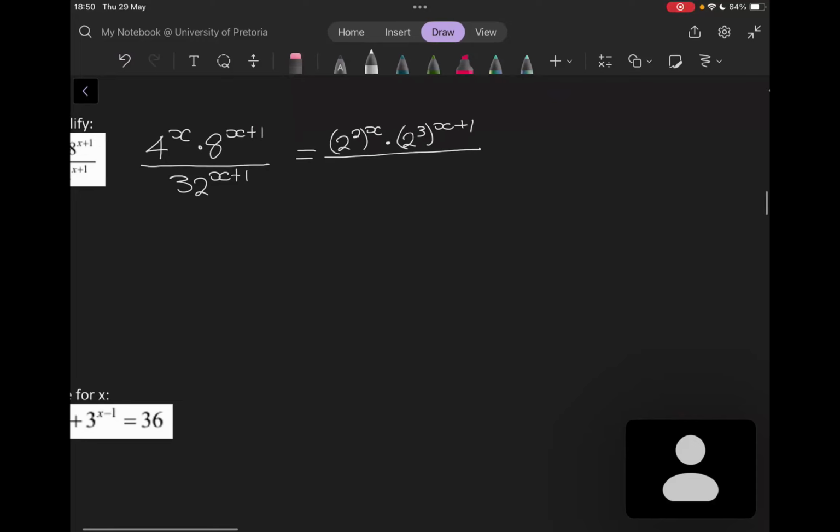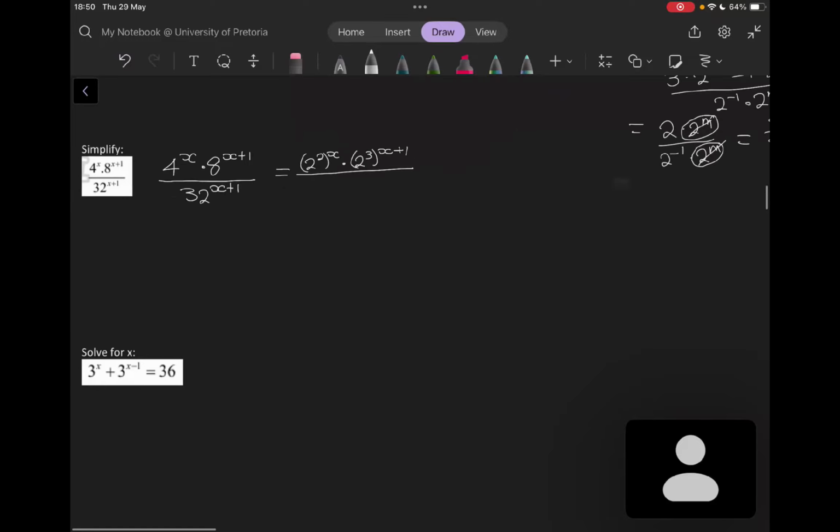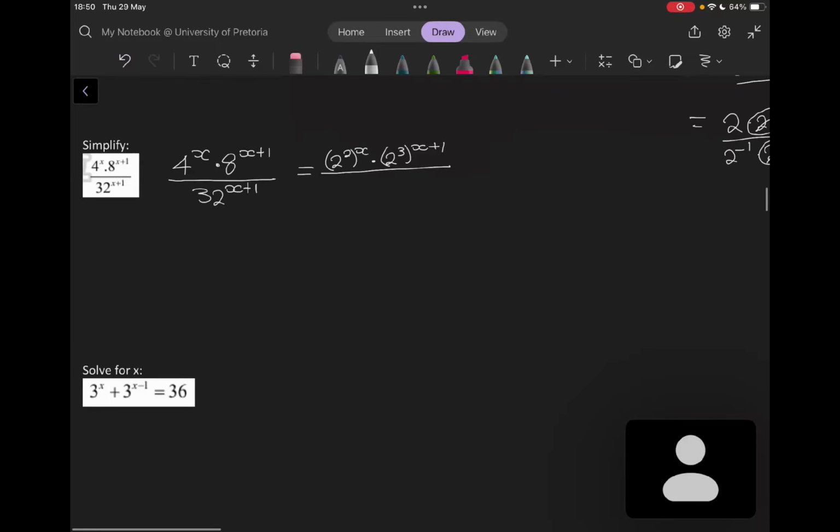Now, let's put 32 in terms of its prime factors. What is 32? 32 is 16 times 2, which is 8 times 2 times 2, which is 2 to the power of 3, times 2, which is 2 to the power of 5.